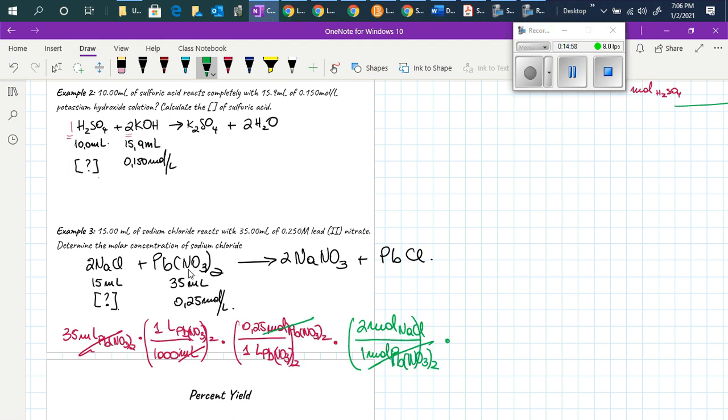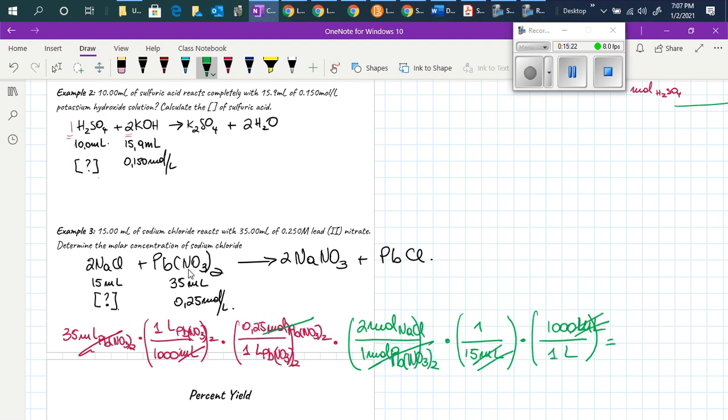And this is in 15 milliliters, and in one liter we have 1,000 milliliters.